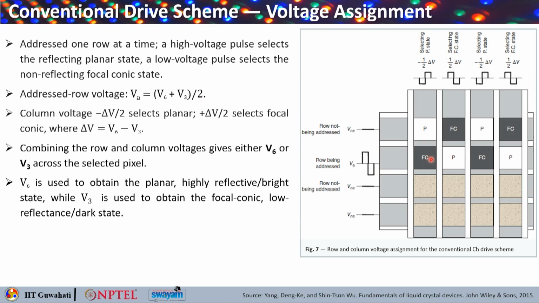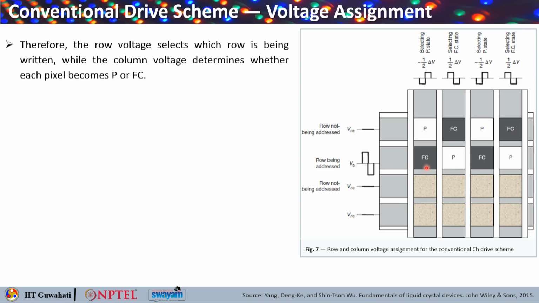For selecting the planar state, you are applying minus half delta V, where delta V is V6 minus V3. When you combine this with the row voltage, you get V3, which is the focal conic.